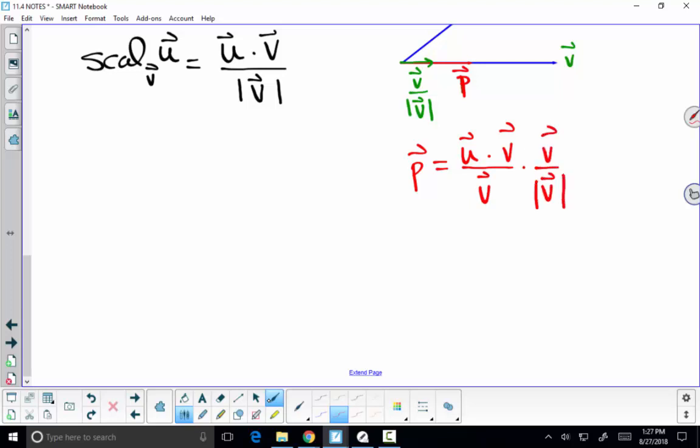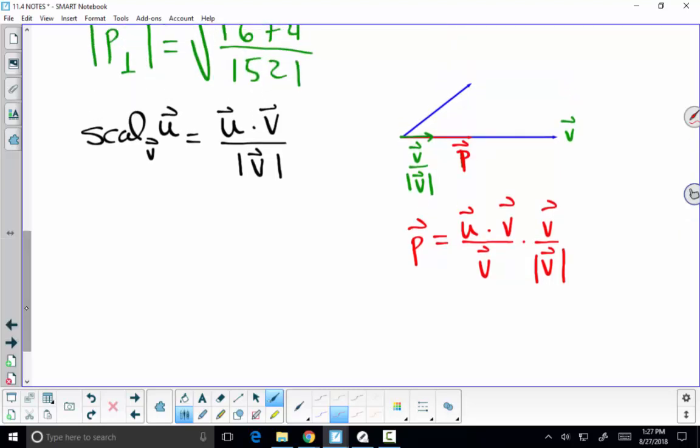So this is where we started out a couple days ago, last week. This here is a unit vector, and then we're scaling this unit vector by that scalar. The way we came up with this was by using the definition of the dot product.